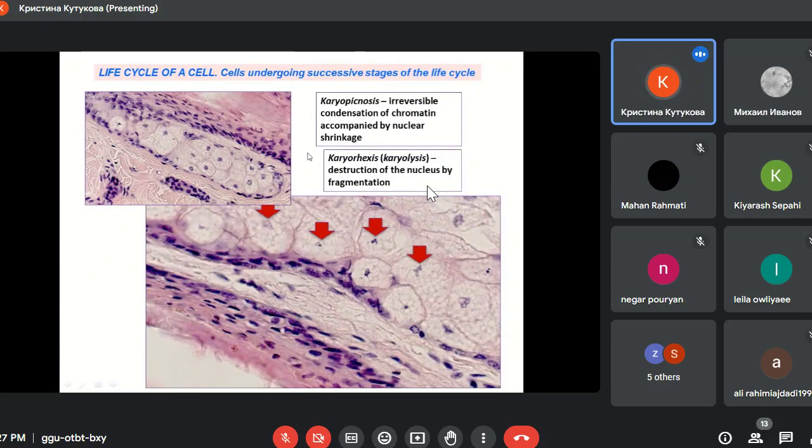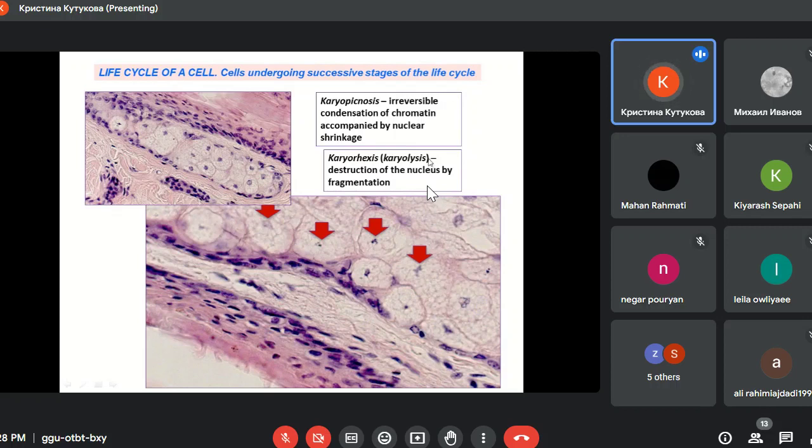Next we'll go to karyorhexis. Rhexis means destruction and fragmentation of the nucleus. It is when this pyknotic nucleus is breaking down into smaller particles, like you see here. For example, one or two particles in the place where the nucleus previously was. And finally, karyolysis.